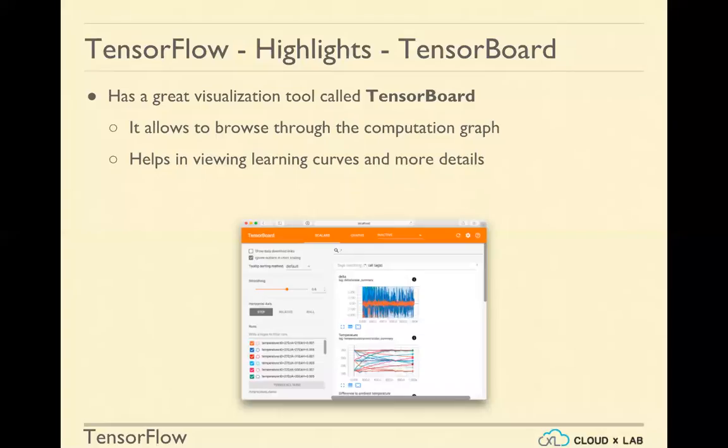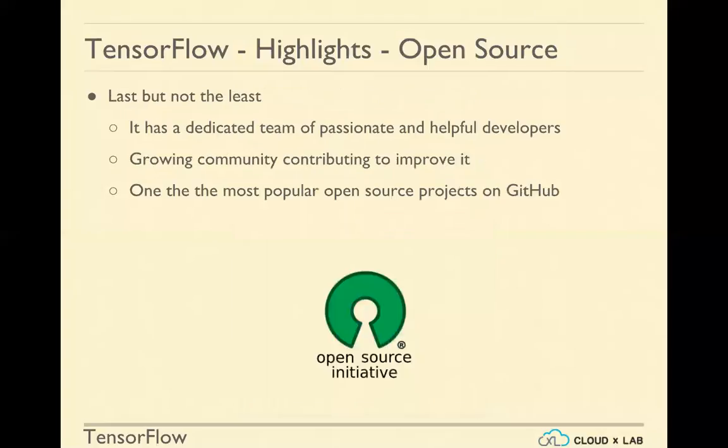It is open source and has a dedicated team of passionate and helpful developers. It has one of the most popular communities on GitHub, and therefore TensorFlow is the one that is actually winning the entire machine learning game, specifically the deep learning one.